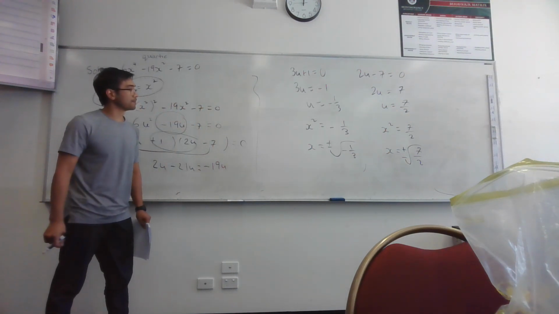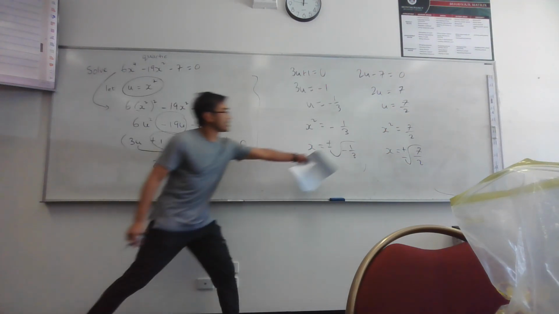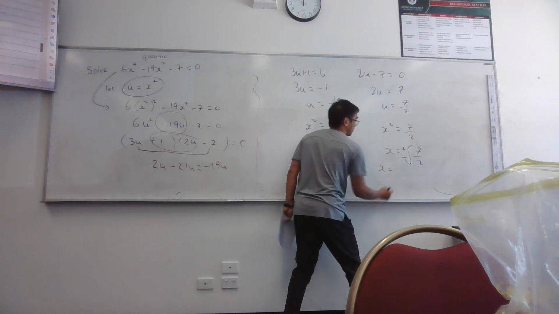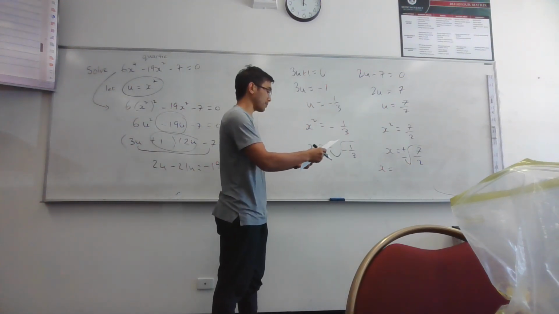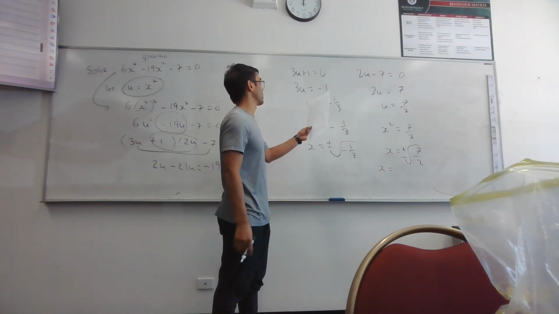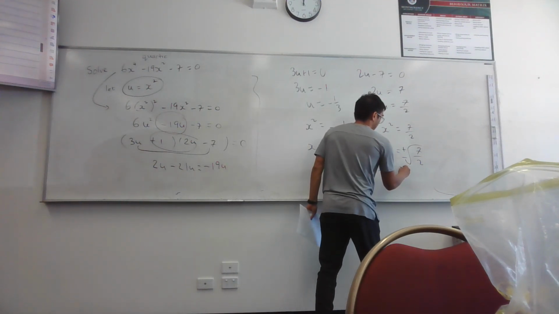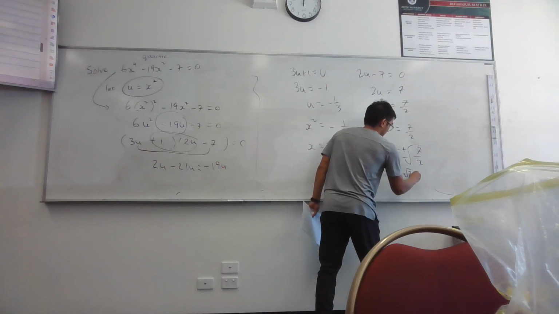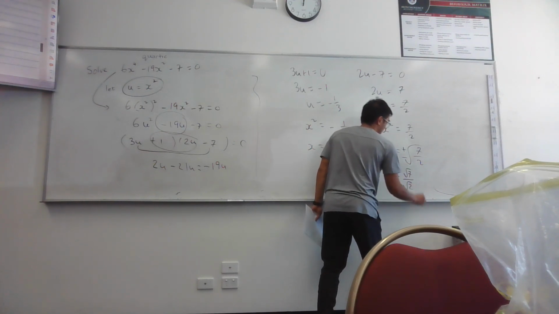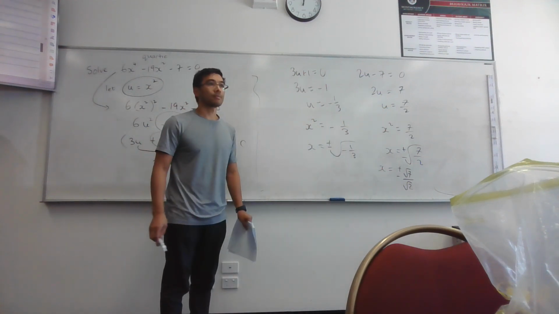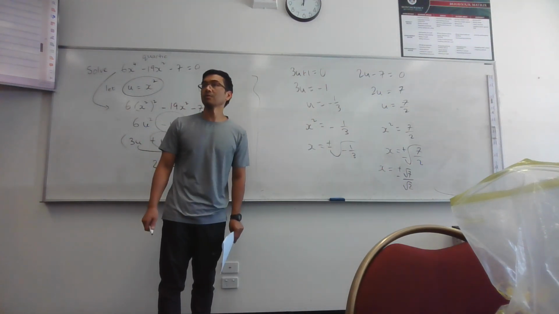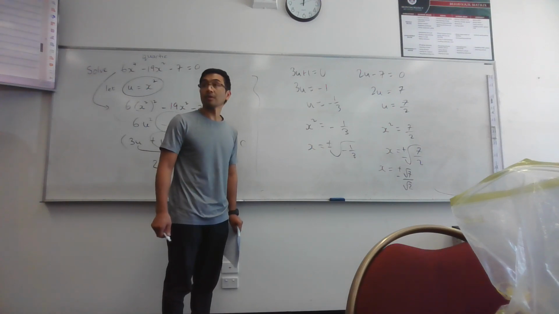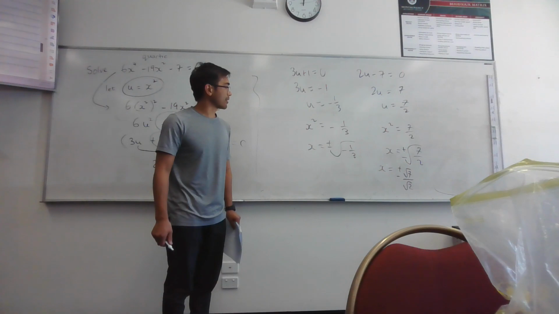Okay, we're not there yet. Let's just tackle this one on the right. So we have a positive and a negative. Can we just leave it like that, or do we have to rationalize?